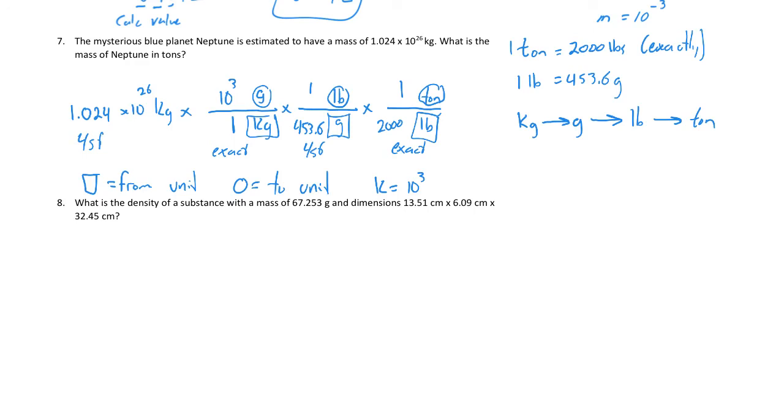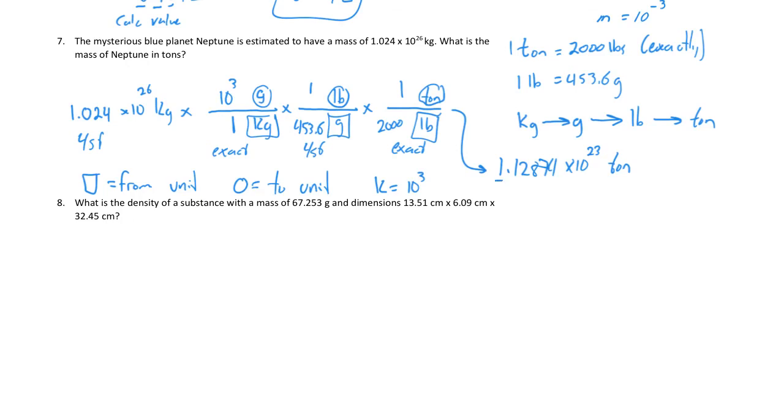Now when we do our calculation, the result that we get is 1.12874 times 10 to the 23rd tons. Now we just need to round to 4 significant figures.